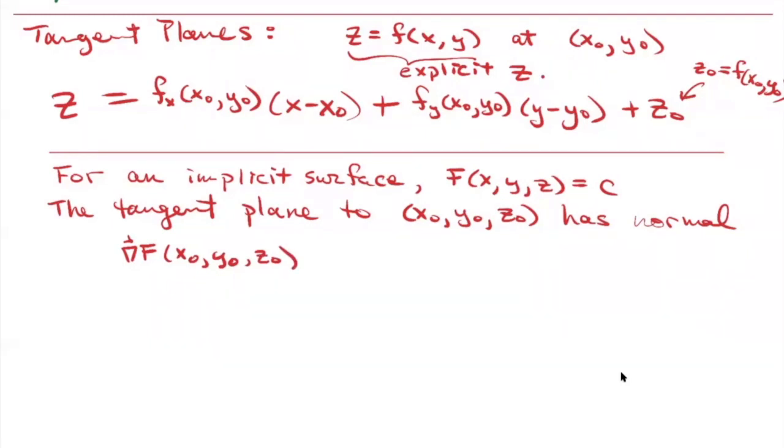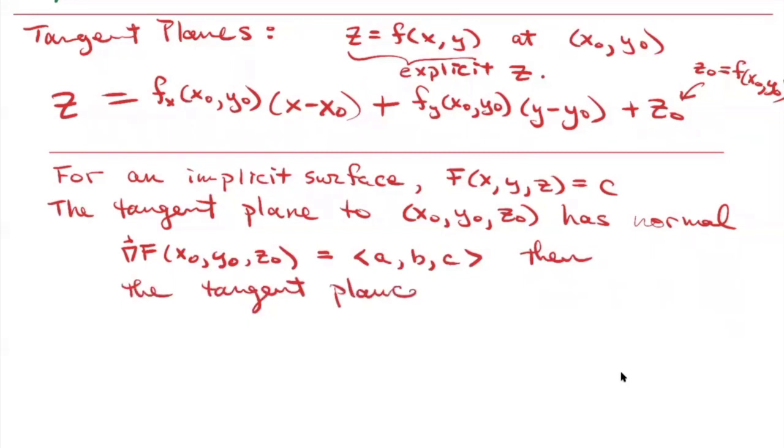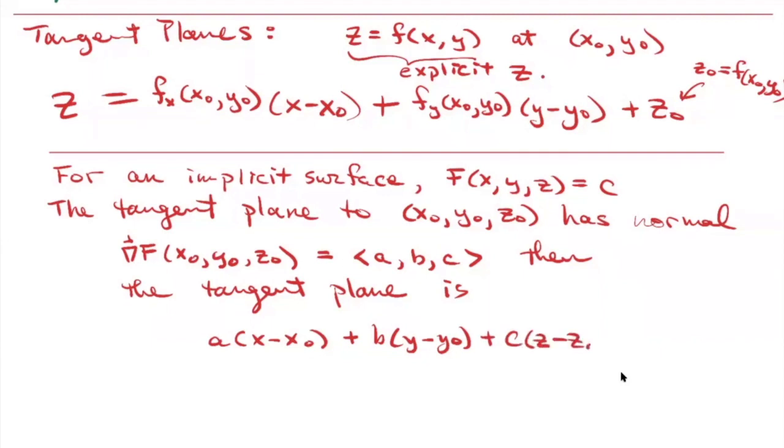Okay. And if you just called this vector A, B, C, then the tangent plane is just A times x minus x naught plus B times y minus y naught plus C times z minus z naught equals 0.